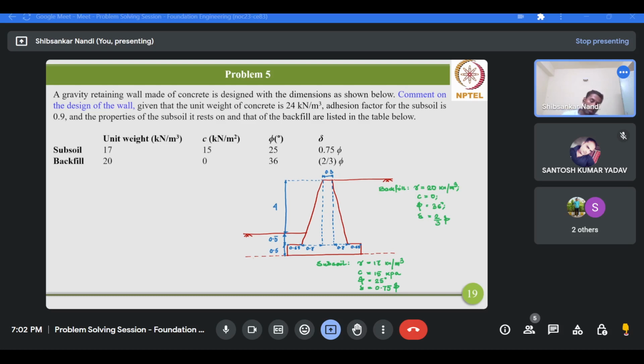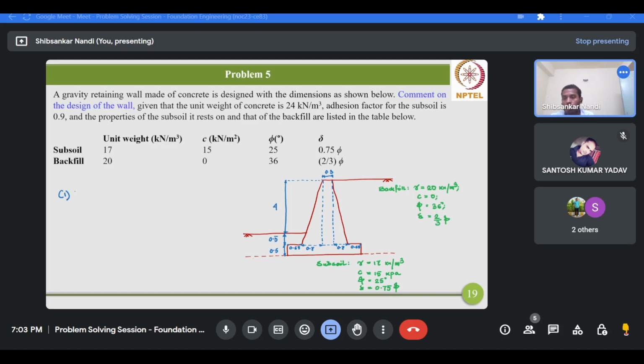The given gravity retaining wall is designed with these dimensions, and these are the backfill and subsoil conditions. Now we have to cross check whether the design is done in a correct fashion or not. To comment on the design of the wall, we have to check four things, as I mentioned at the beginning of this session.